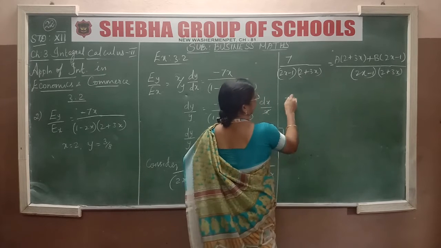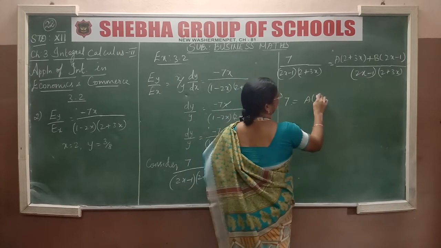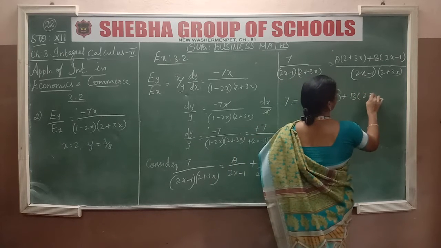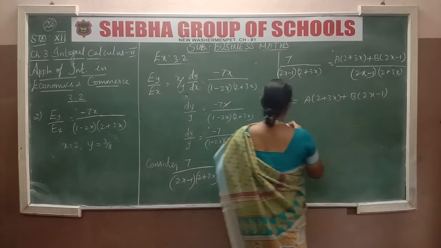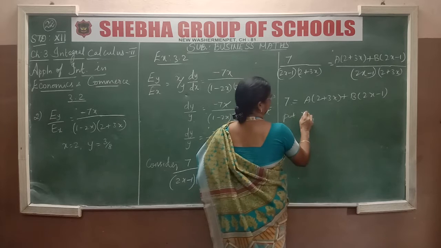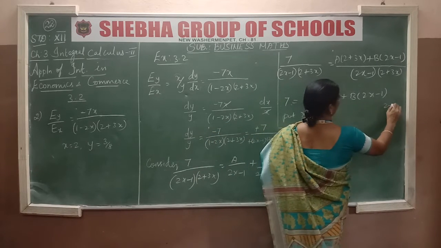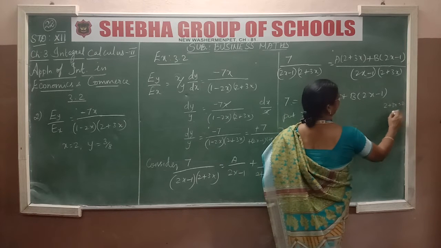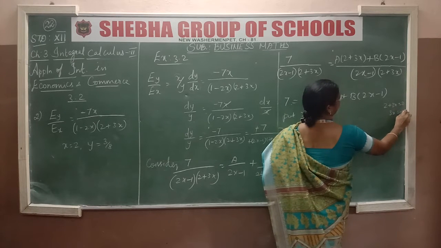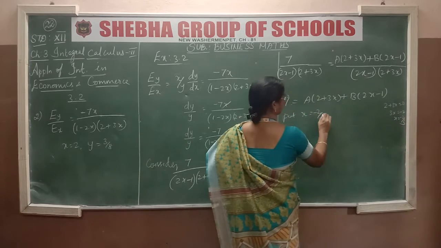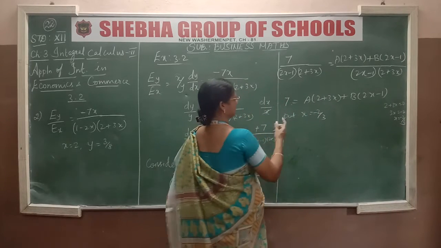So 7 equals a into (2 plus 3x) plus b into (2x minus 1). Now put x such that 2 plus 3x equals 0, we get 3x equal to minus 2 and x equal to minus 2 by 3. First put x equal to minus 2 by 3.